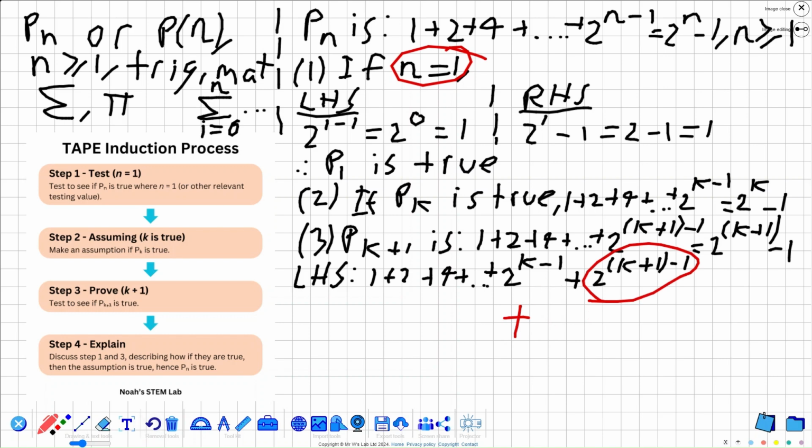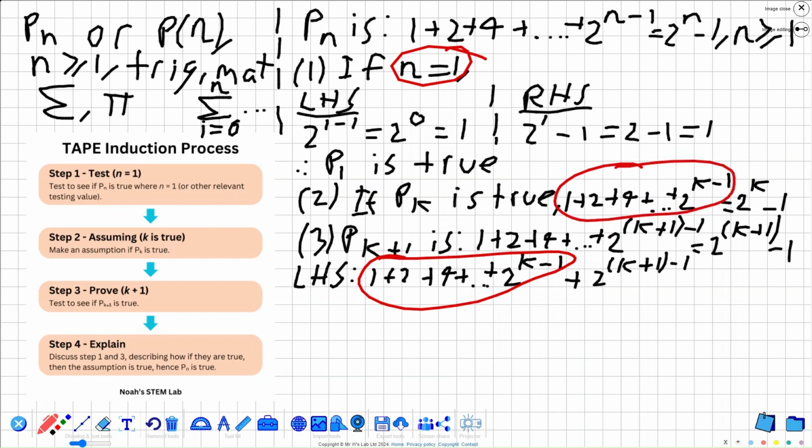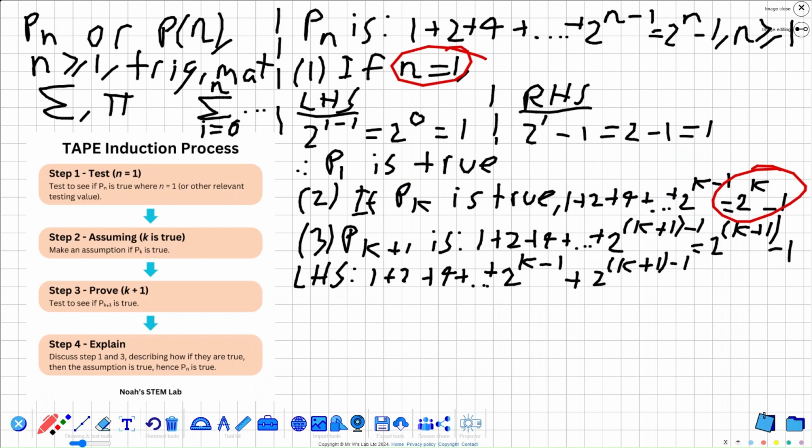And we did this because this one is the one that is plus 1 more than that one. So then we can evaluate this by noticing something awesome right here: this is equivalent to this P(k) assumption that we made here, and so we said that that equals this here. So we can actually evaluate this. Therefore, and this is what makes it really simple, P(k) plus 2 to the power of k.